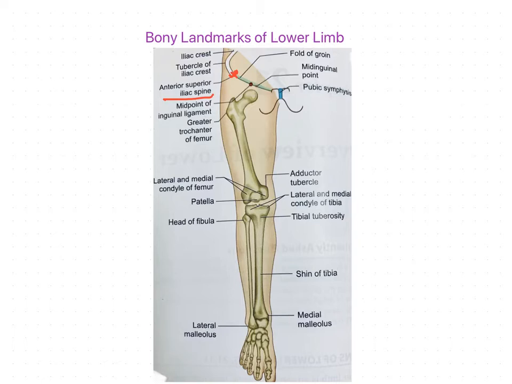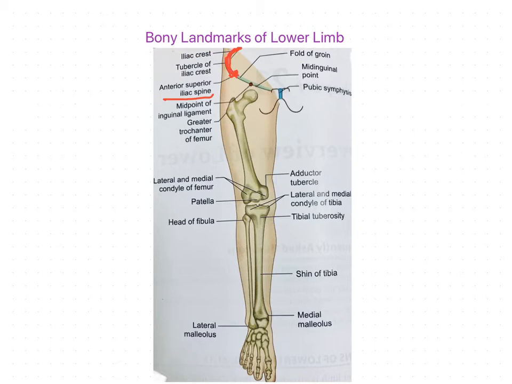Next one is the iliac crest. So here you can see the iliac crest here. So this iliac crest, which is running posteriorly with a superior convexity from the ASIS, is the iliac crest. So here we can see like this. This is the superior convexity.